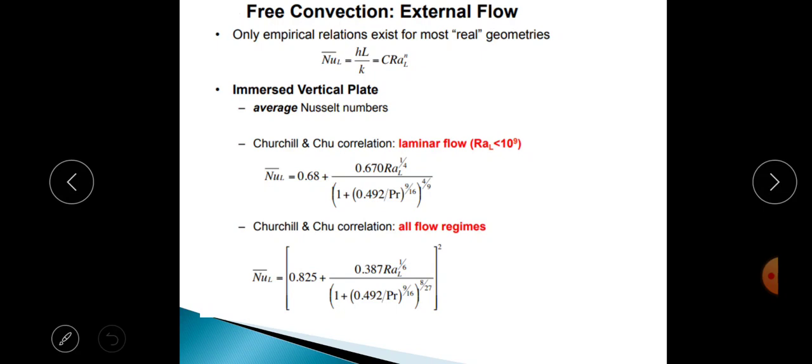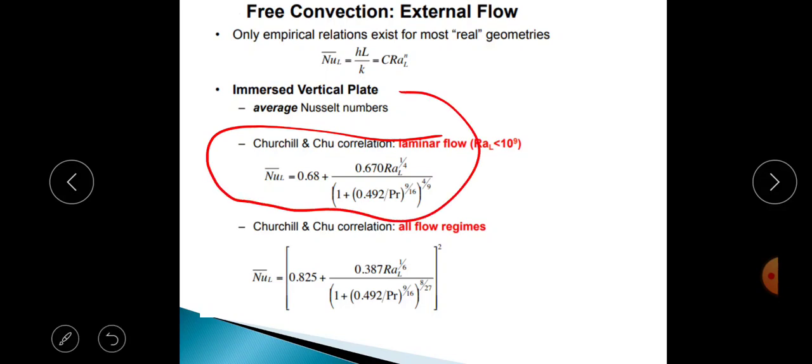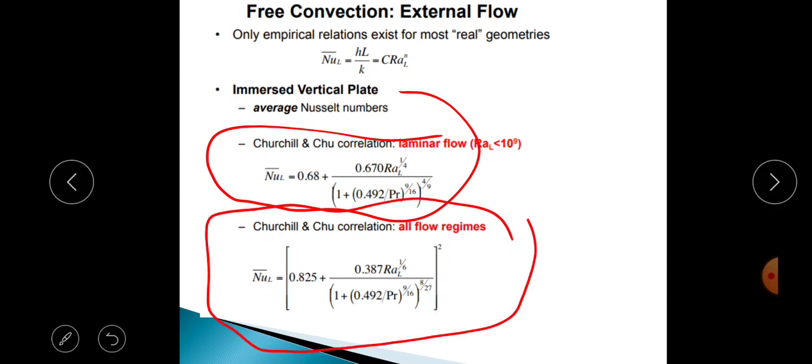And the Churchill-Chu correlation for all other flow regimes is: Nu_L bar equals 0.825 plus 0.387 Ra_L raised to 1 by 6, divided by 1 plus (0.492 by Pr) raised to 9 by 16, raised to 8 by 27, whole square. These are some advanced level concepts.